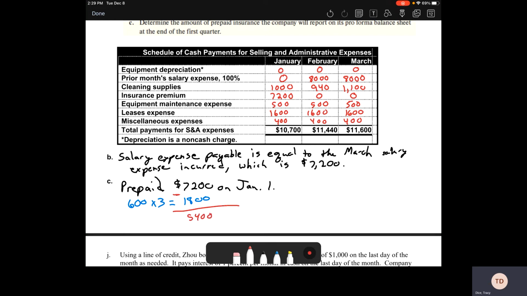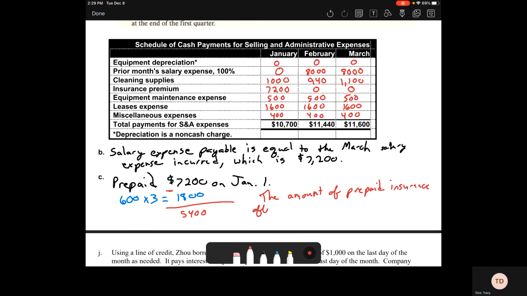So the amount of prepaid insurance after 3 months is $5,400.